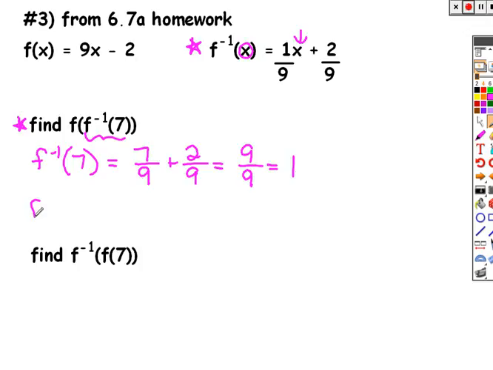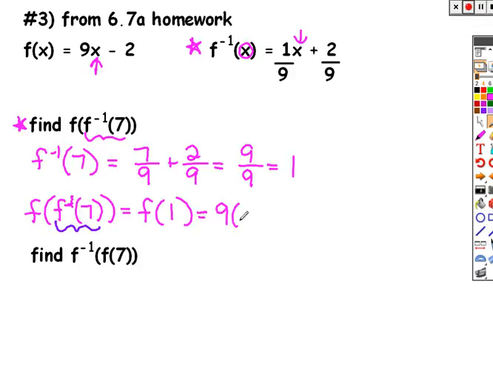So if I want to find f of f inverse of 7, this is what I'm asking you to do. Well, I just found that f inverse of 7 was actually 1. So really what I'm asking you to do is take f of 1, since f inverse of 7 is 1. So now look to my original function, plug in 1 anywhere I see x.